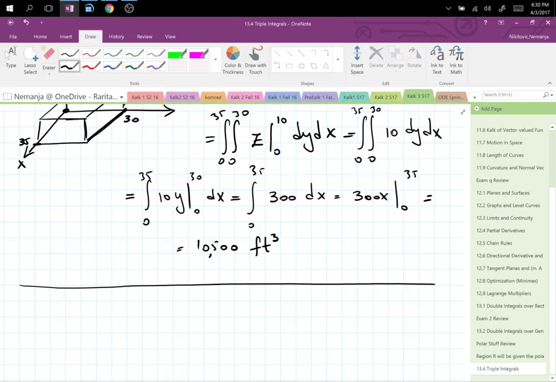Great, this is how you find the volume of the box. Now let's see what kind of wonderful examples we can get. Okay, so let's figure out some stuff.